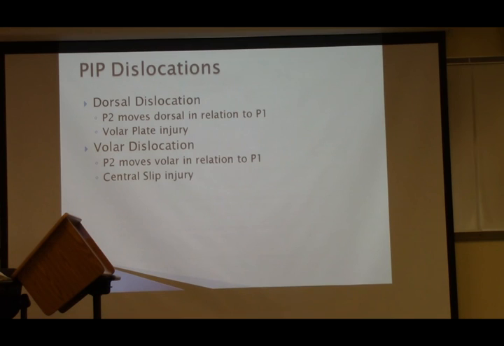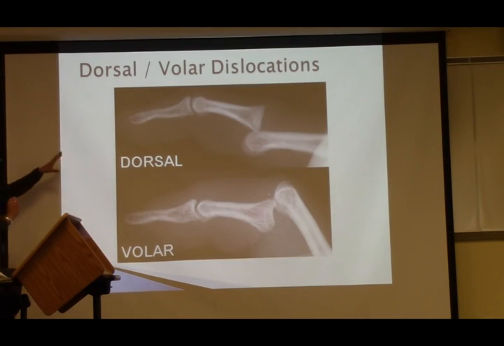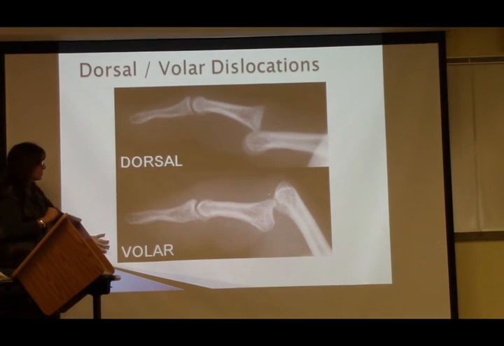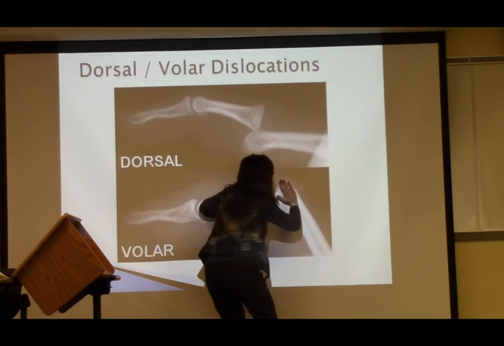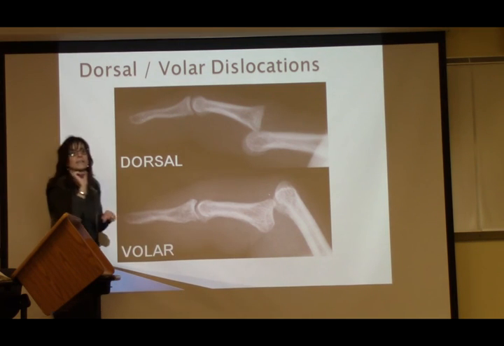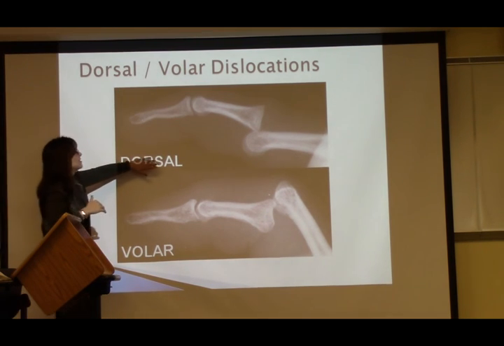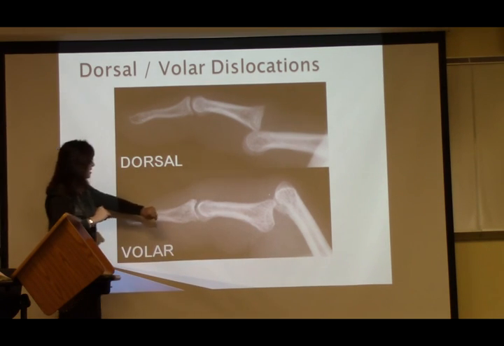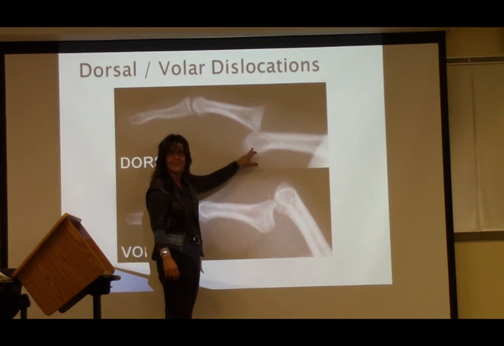Okay, so here is the picture, but I want to make sure you're clear. Volar and dorsal dislocation is describing how P2 moves in relationship to P1, not the location of the injury. It's actually the opposite. So with a dorsal dislocation, you have a volar plate injury, because you can see how this plunges through the volar plate, right?